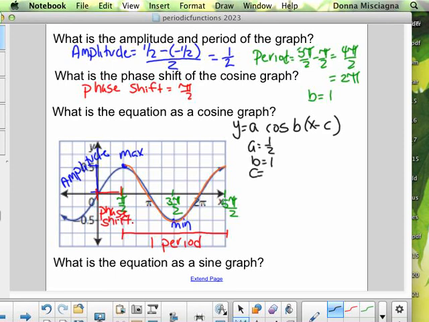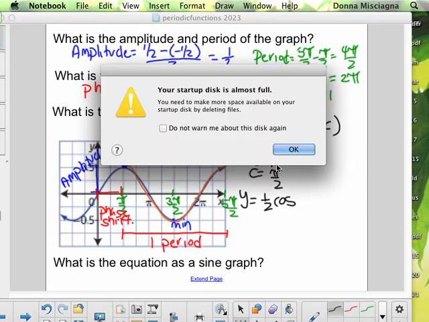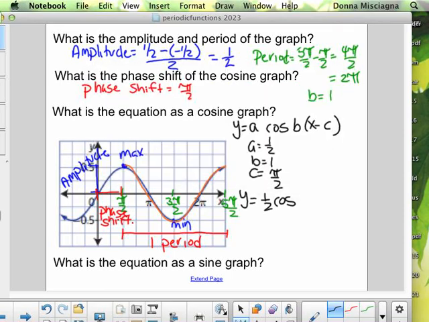And C is pi halves. So the equation is y equals 1/2 cosine (x minus pi halves). All right, and so there is the equation for cosine.